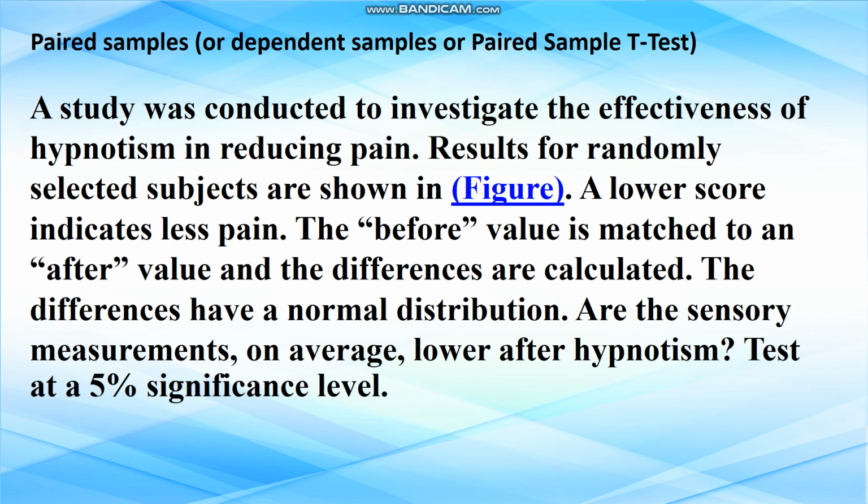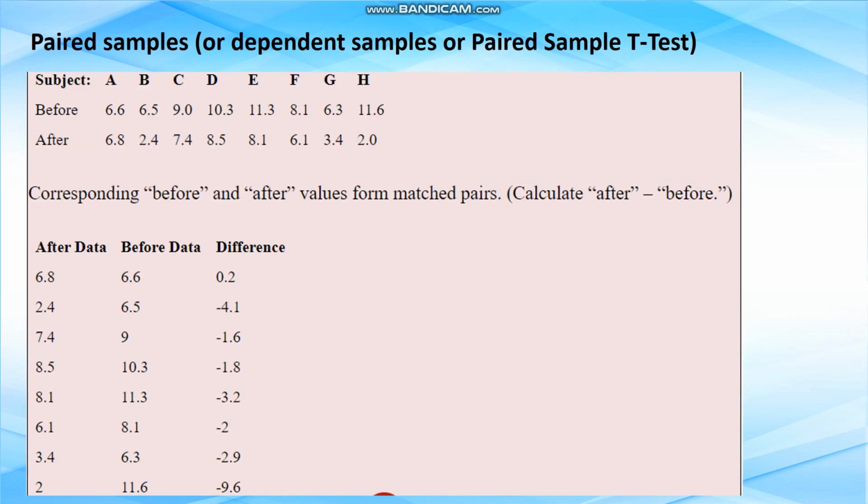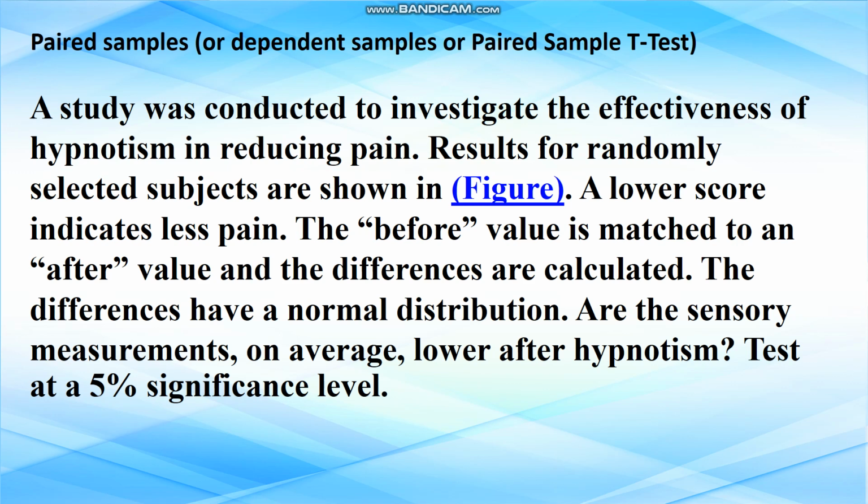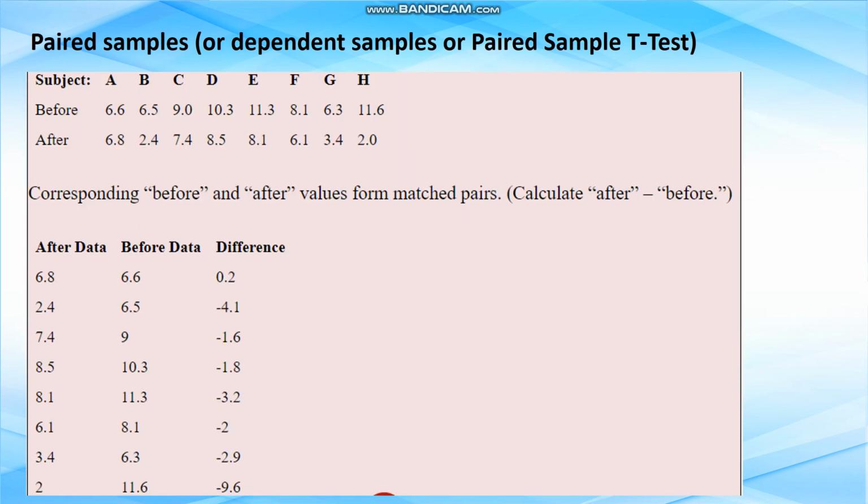So let's say this is the condition. You have a number of subjects A, B, C, D, E, F, G, H, 1, 2, 3, 4, 5, 6, 7, 8 items, 8 subjects. So you have 2 conditions, before and after, and you measure the level of pain.